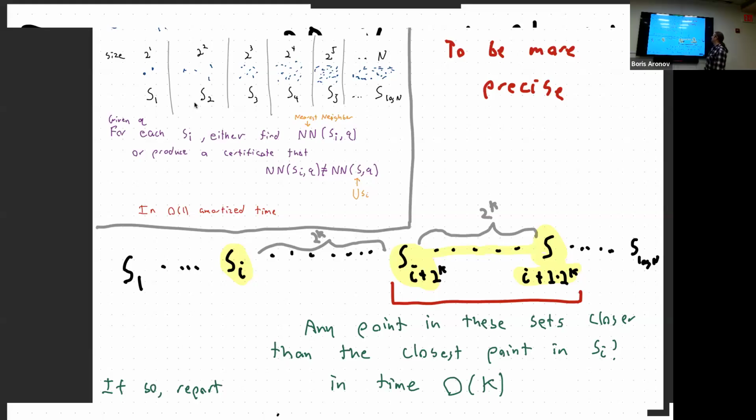So if that's 16, we're going to look from 16 sets away to 32 sets away, and produce a certificate that either we find the closest point in these sets, or we say no point in these sets is closer than the closest in SI. So in other words, I found the closest here already. Can I ignore all of these? And we're going to produce the certificate in time k.